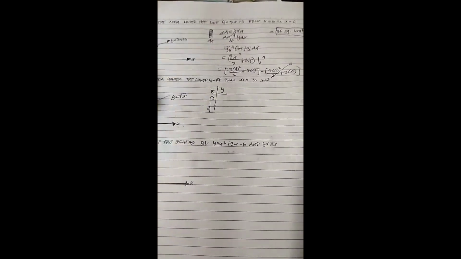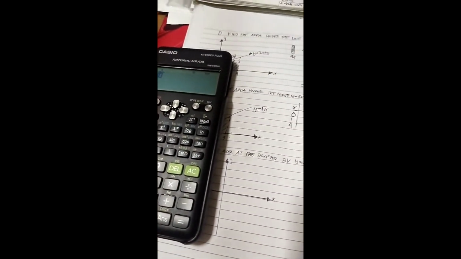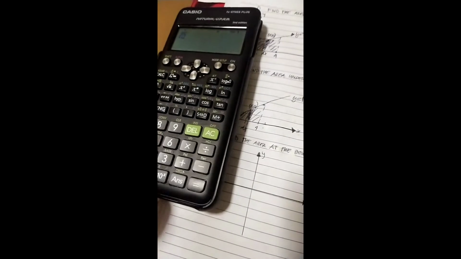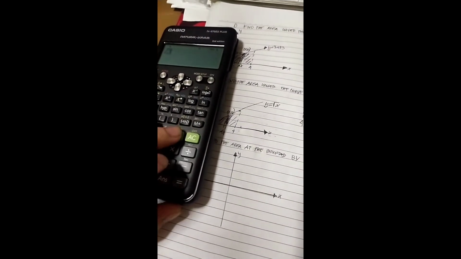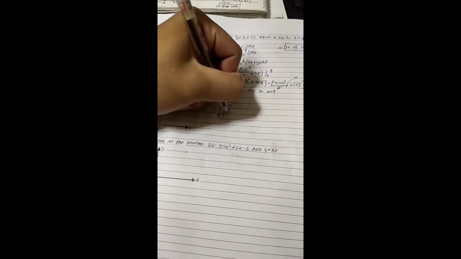And in our y, the square root of 0 is 0. The square root of 1 is 1. The square root of 4 is 2.